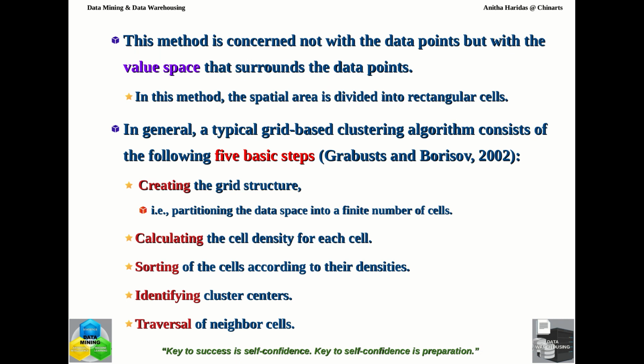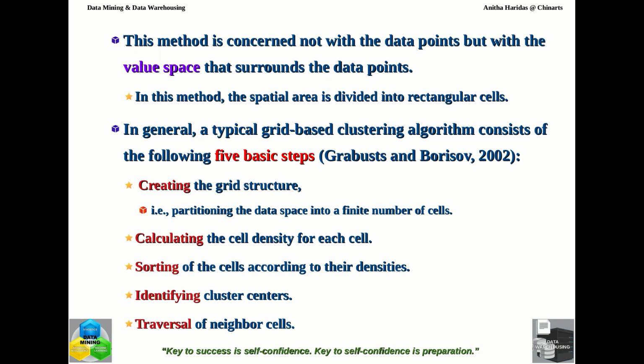So in general, the typical grid based clustering algorithm consists of these 5 basic steps. First we have to create a grid structure, by partitioning the data space into a finite number of cells. Then after creating the grid structure, calculate the cell density for each cell.